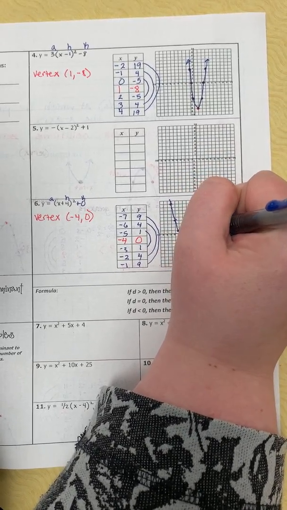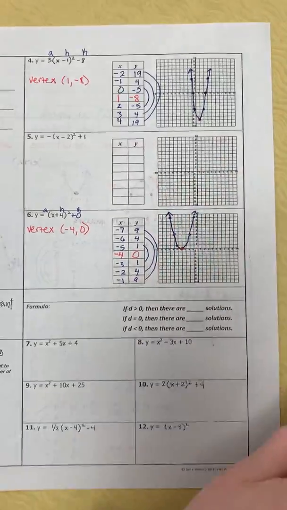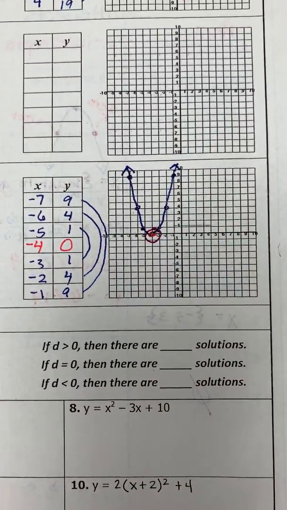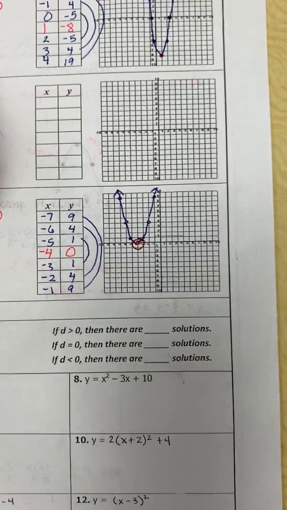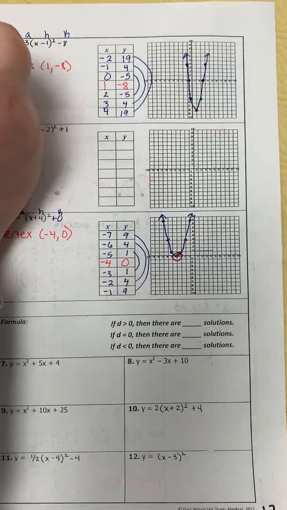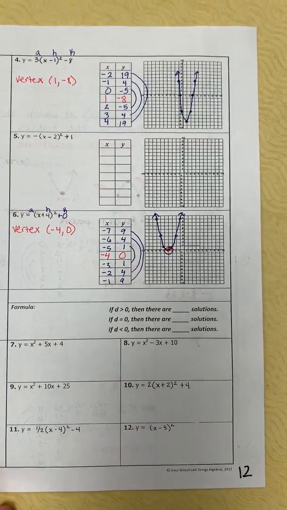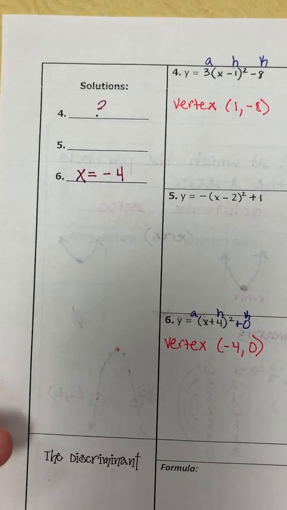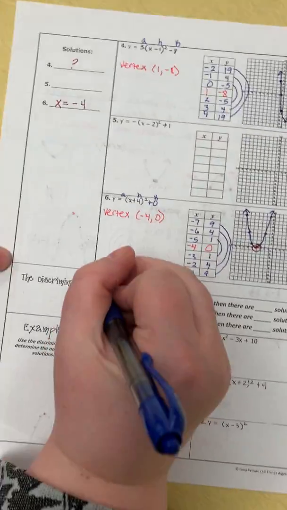Okay, remember the focus today is how many times does that parabola cross the x-axis? It crosses once. So that means we have one answer, one root, otherwise known as one x-intercept, otherwise known as 1, 0, otherwise known as one solution. So it would be x equals -4. Okay.